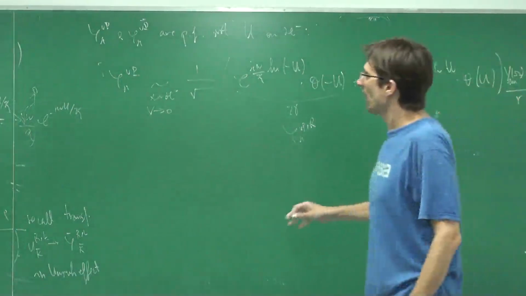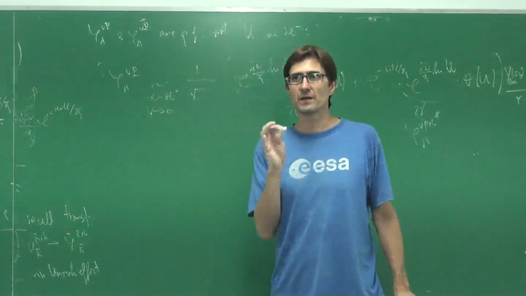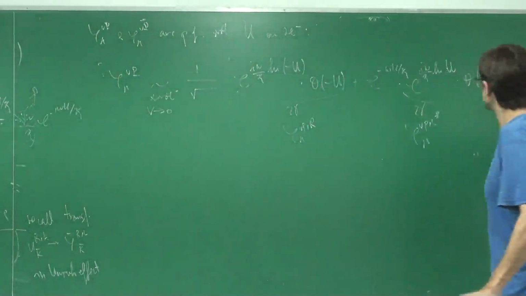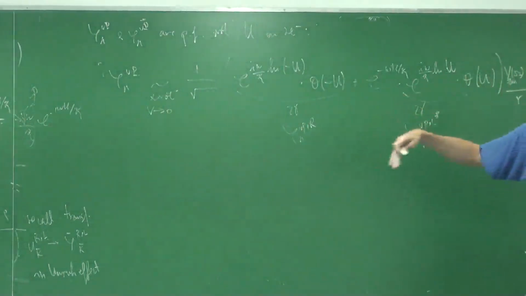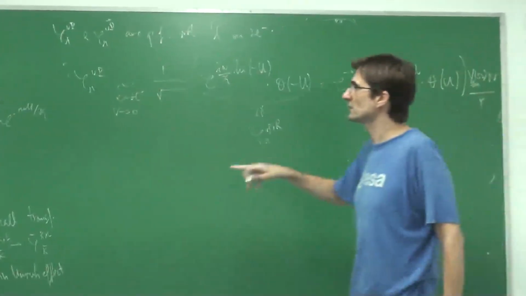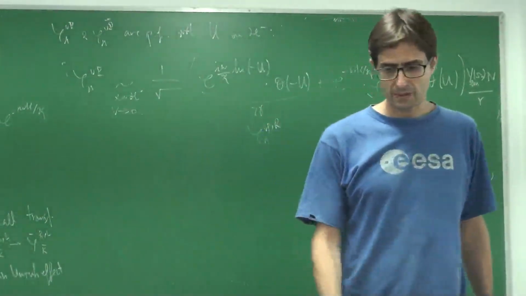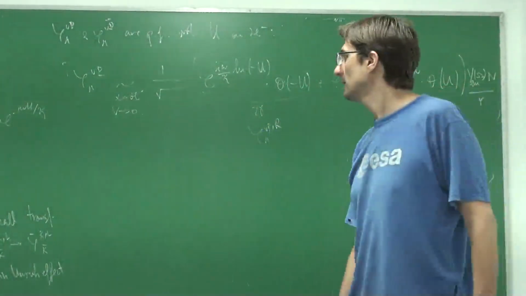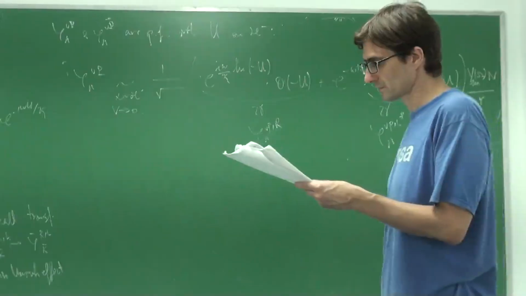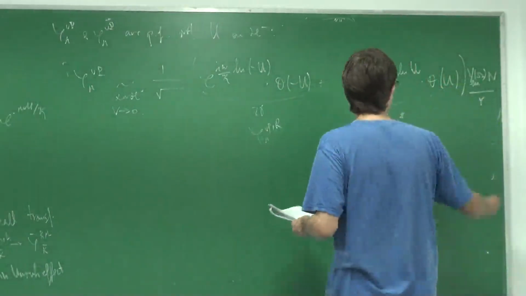All I'm interested in is the frequency behavior. So this is not going to affect any frequency behavior when you do the Fourier transform. I want to do the Fourier transform of this and show that it's only non-zero for positive frequencies.